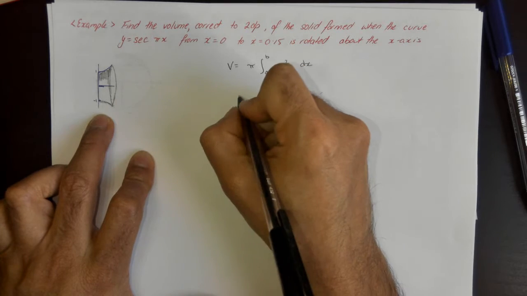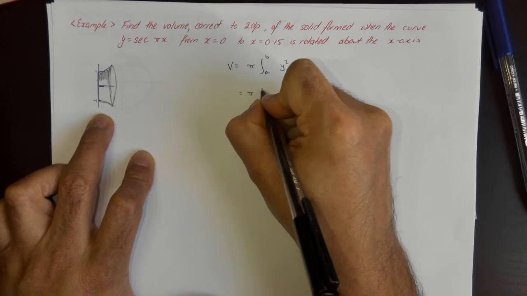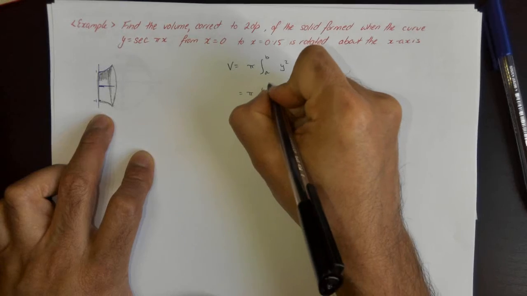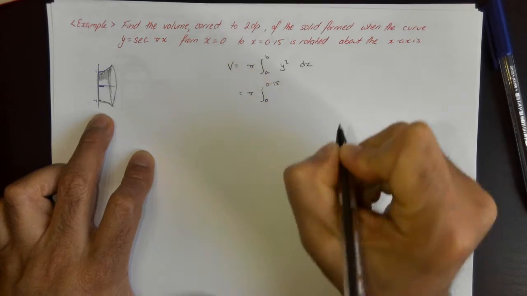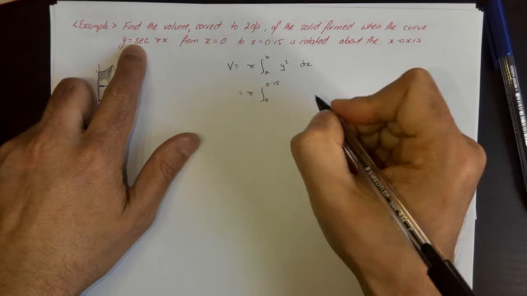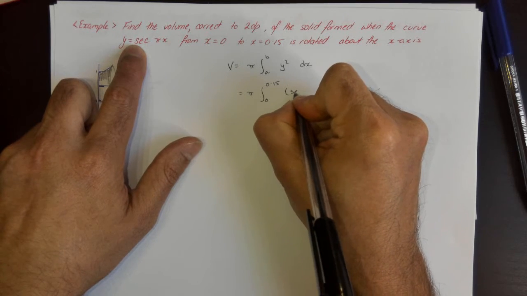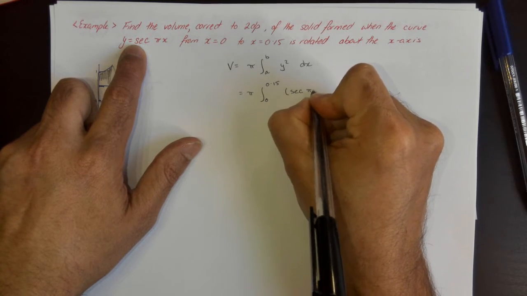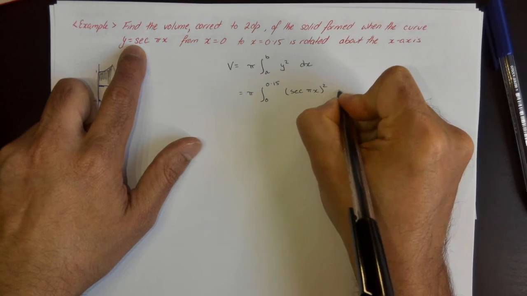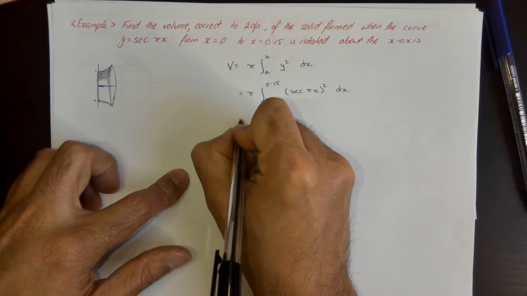So that's going to be pi. We're integrating from 0 to 0.15. Y is that, so we're going to square that.